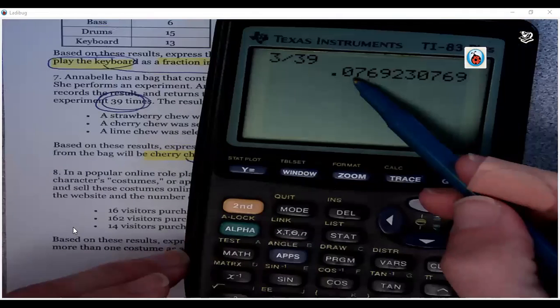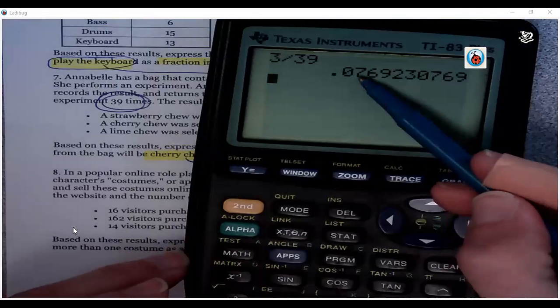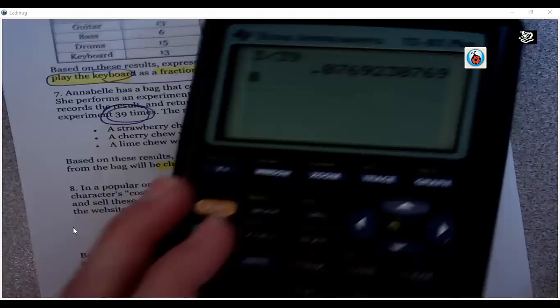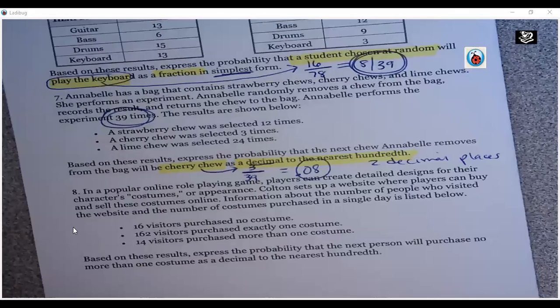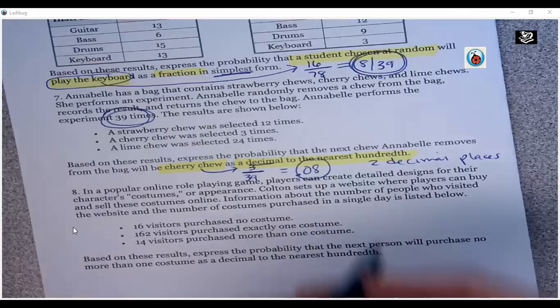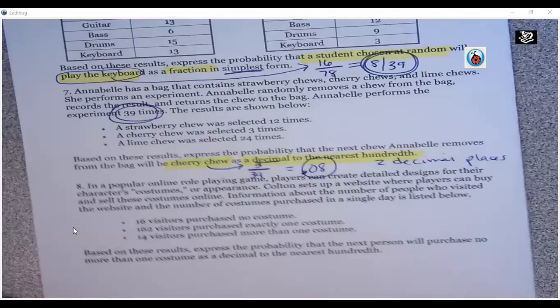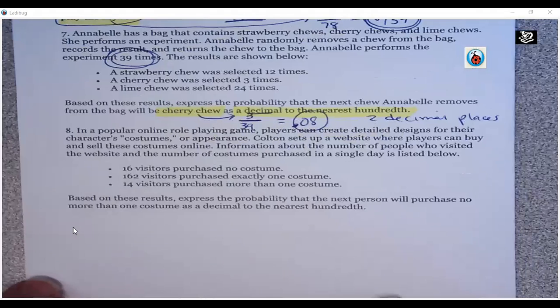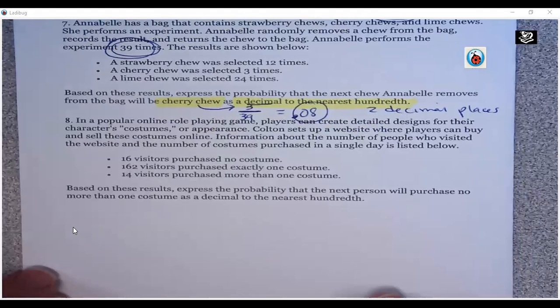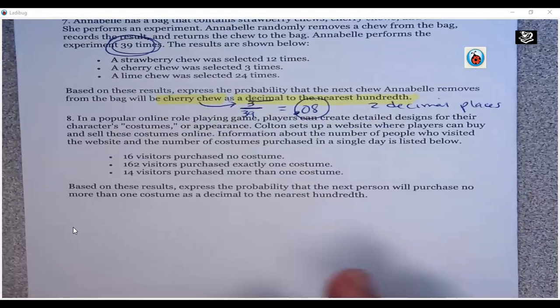So that would be 0.08 because it rounds up. So as a decimal, it's not a percent. You're going to leave it as a decimal. Okay, so 0.08.